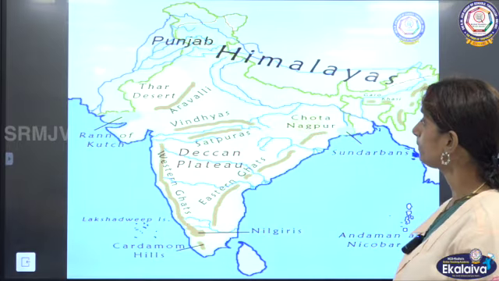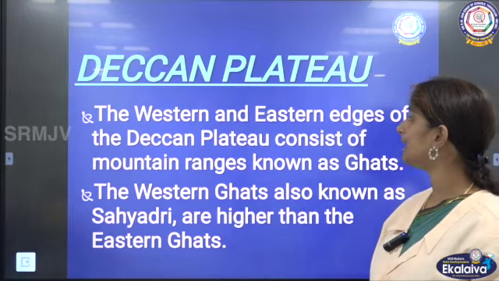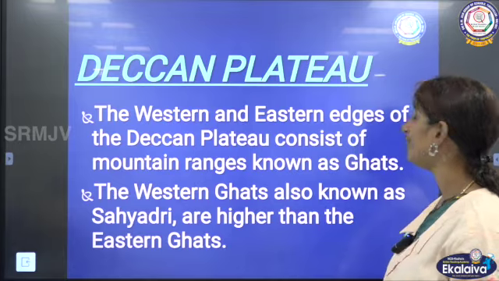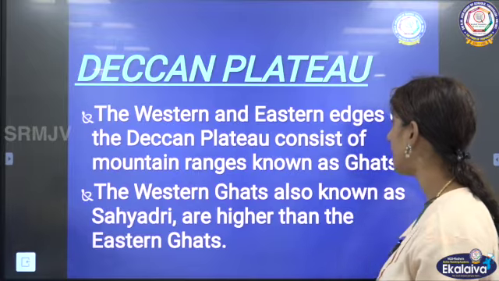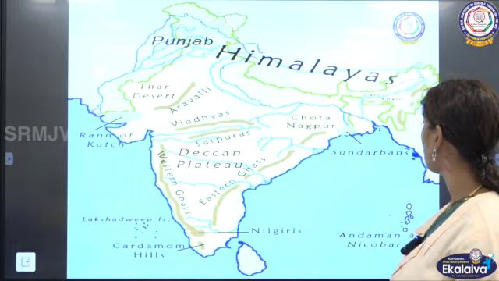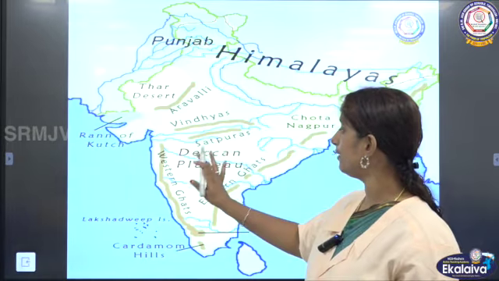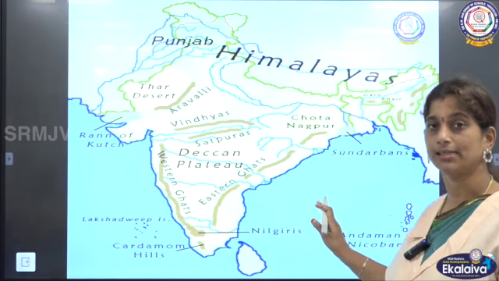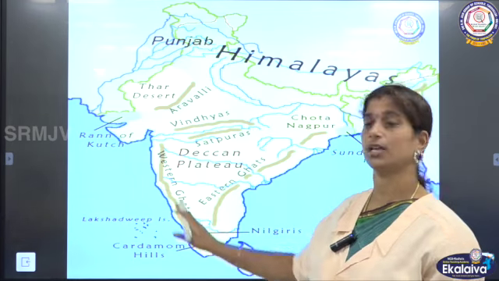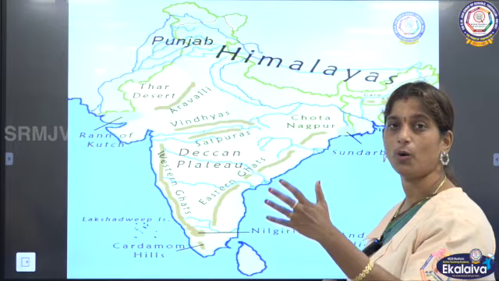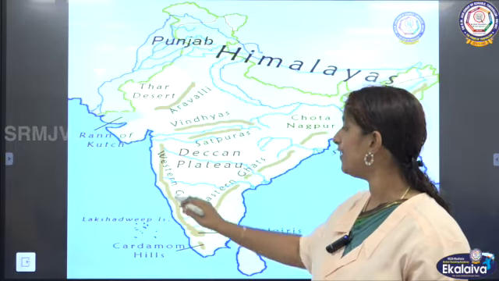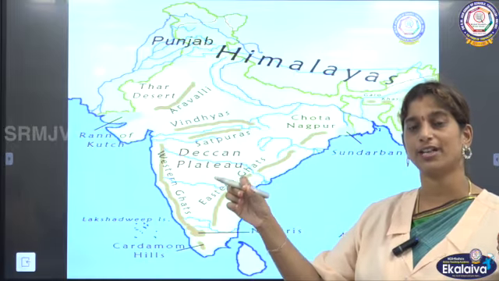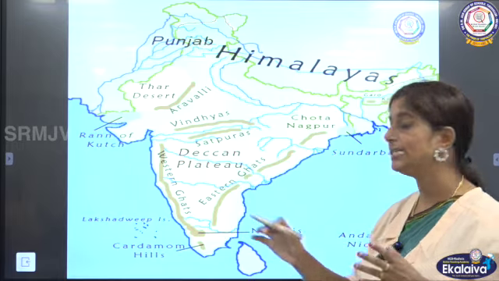The western and eastern edges of the Deccan Plateau consist of mountain ranges known as Ghats. Here you could see this is the Deccan Plateau, this is the western side and this is the eastern side, right? The western side of the Deccan Plateau is covered by a series of mountains which we call the Western Ghats. The same way, on the eastern side there are mountain ranges which we call the Eastern Ghats.